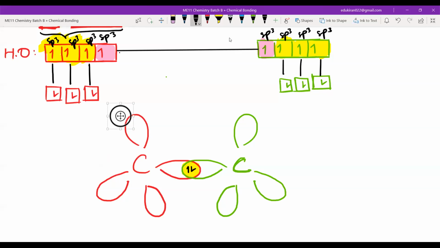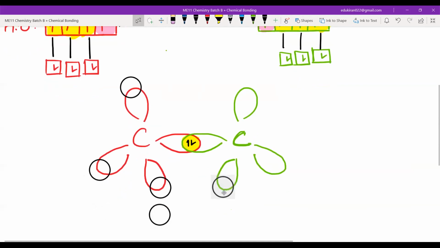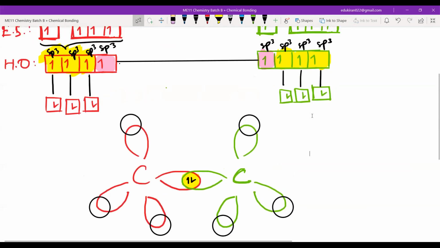That is why 1s. Another 1s. Another 1s. Another 1s. And you have the last. Okay. So all these are hydrogens.